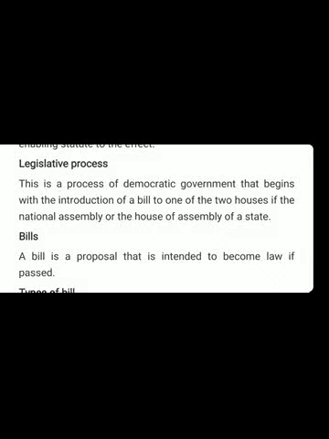Now, this bill, what is a bill? A bill is a proposal that is intended to become law if passed. Any proposal that is intended to become law, if passed, is a bill.